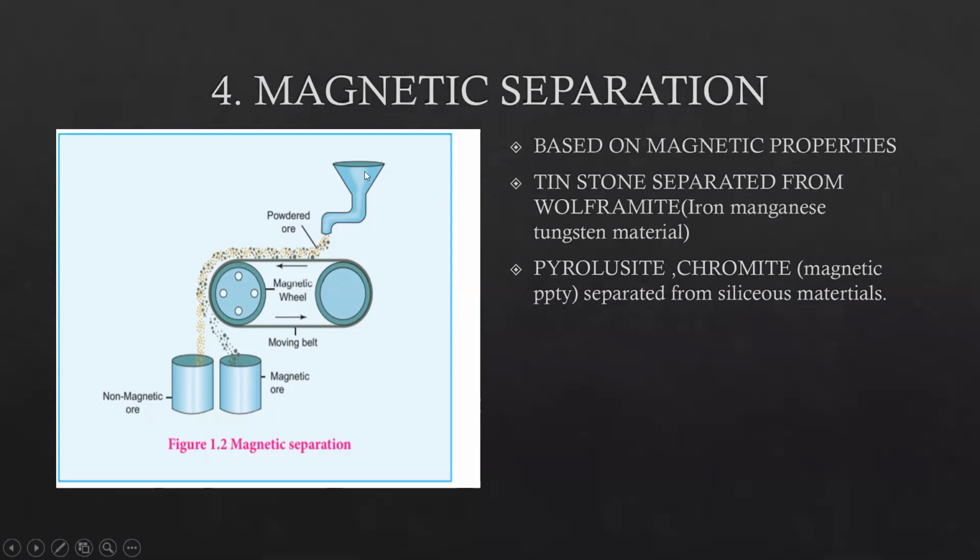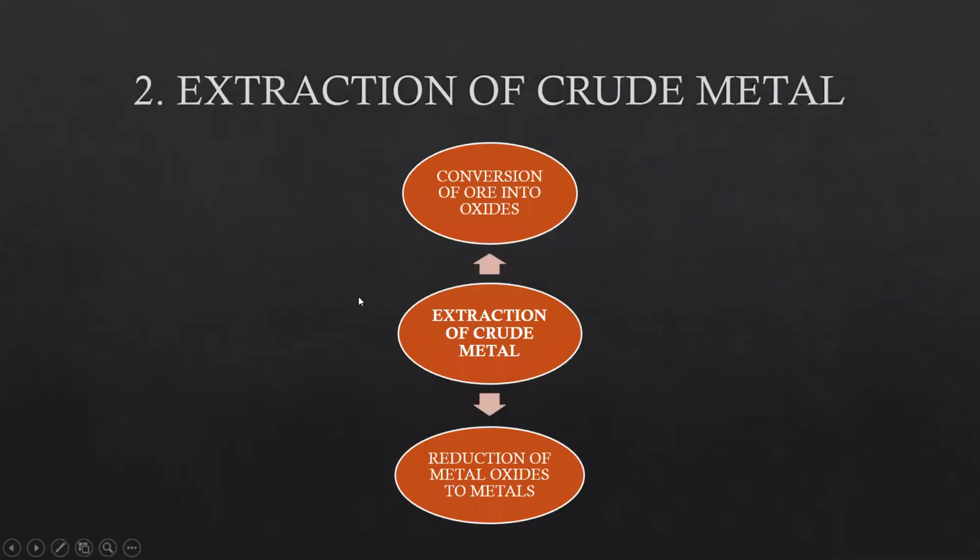First we pour the ore through the funnel, and then the ore moves on a moving belt. Inside the moving belt there are two rollers. One roller is made of magnet, and the other is a normal one.